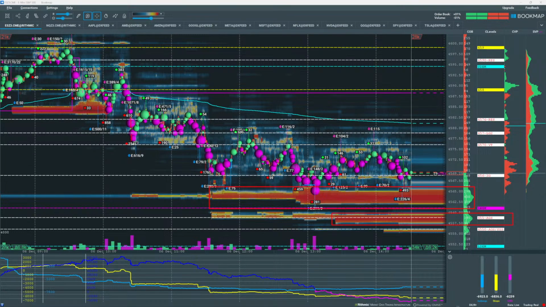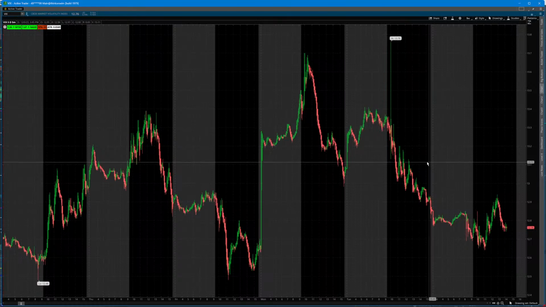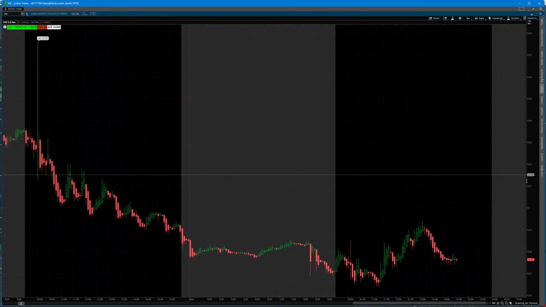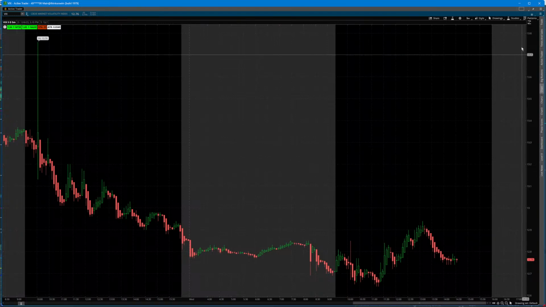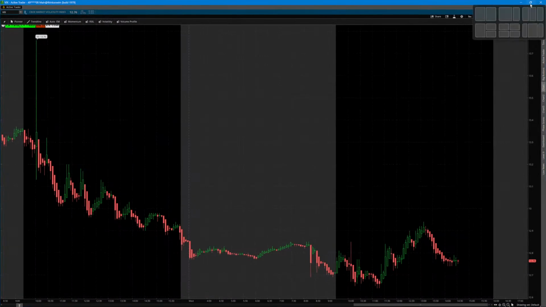We can take a look at that. Here's the last couple of days for VIX. VIX down at 12.76.